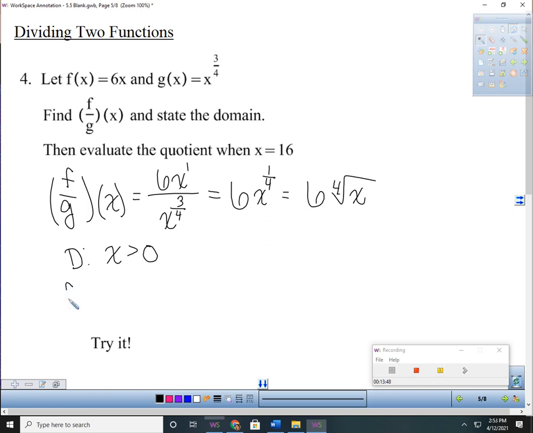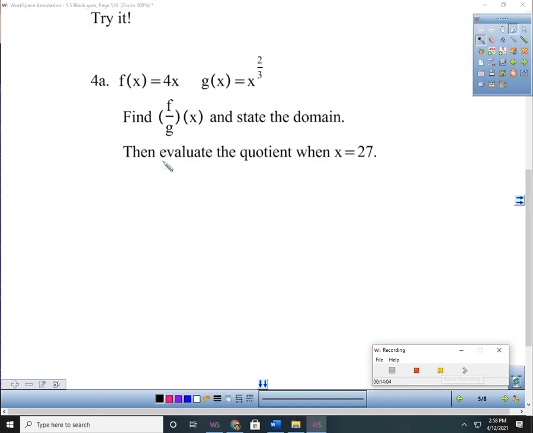All right, then I'm going to do the plugging in. So f divided by g of 16 is equal to 6 times the 4th root of 16, which is 12. All right, so on this one, we've got f divided by g of x.